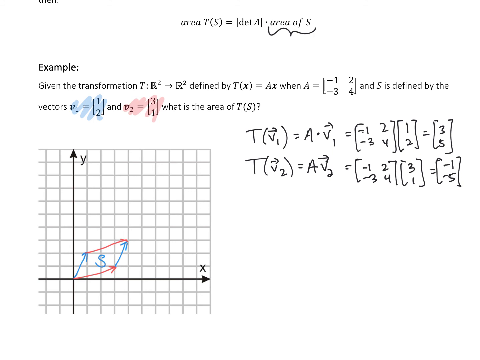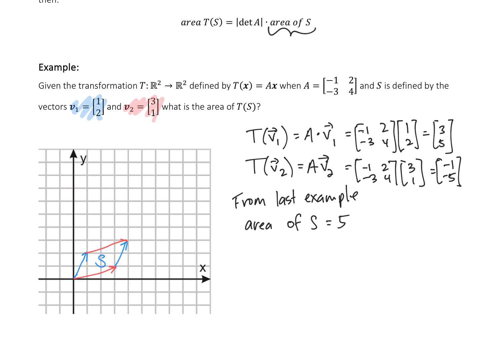We already figured out in the last video, from the last example, that the area of S is equal to 5.